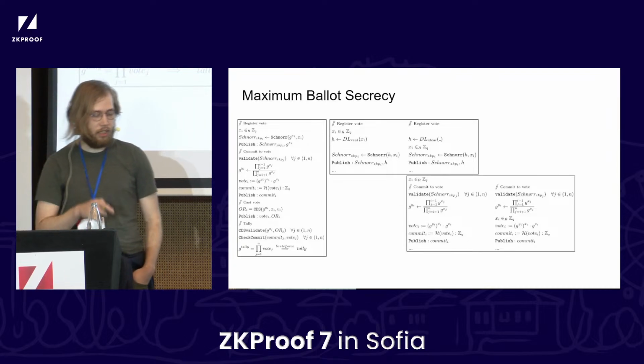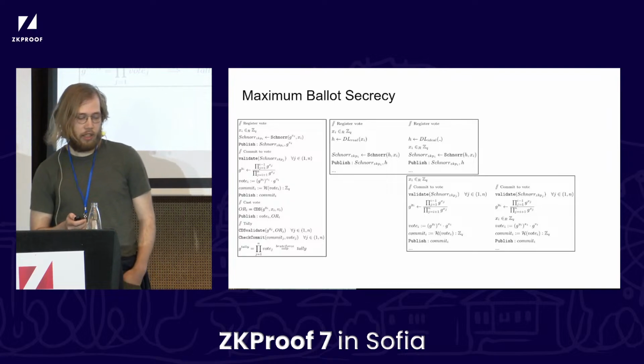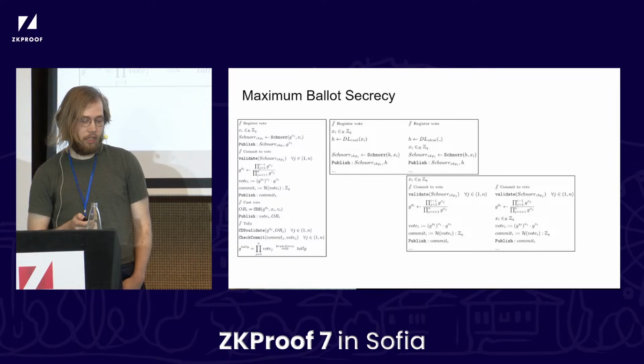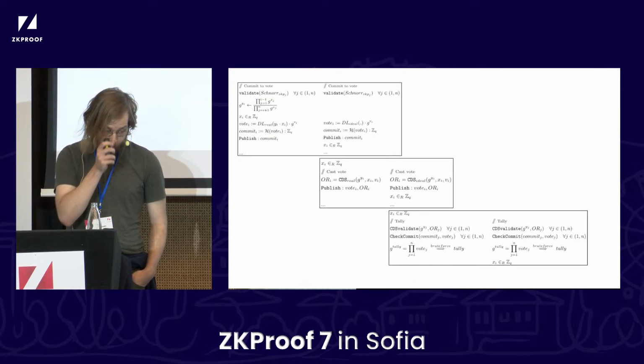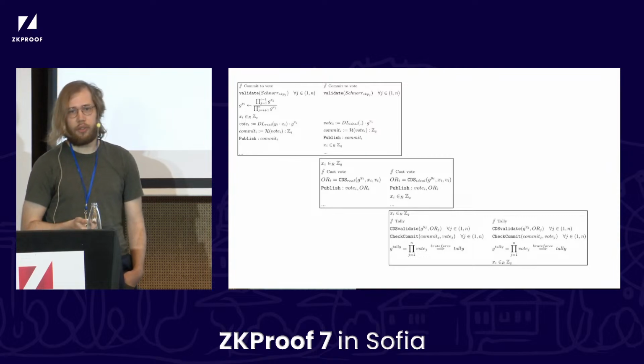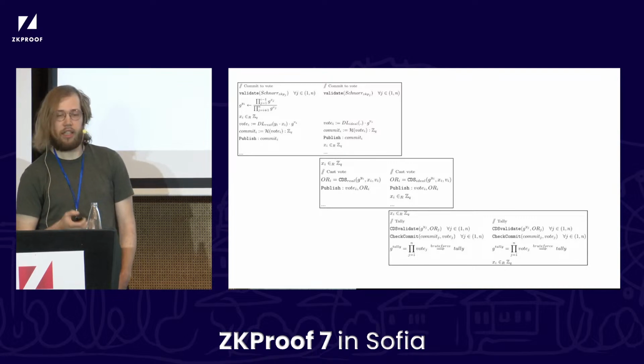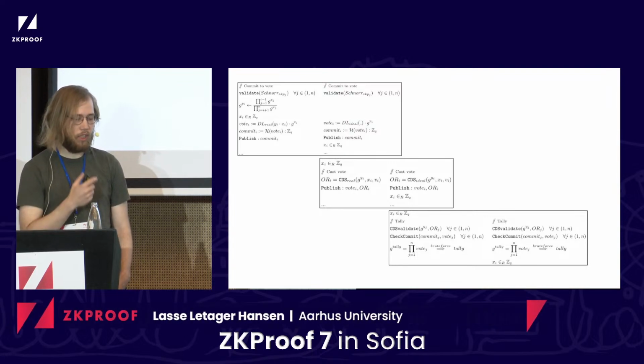Next up, the second part is idealizing the Schnorr protocol. The third jump is then we want to idealize again another use of the discrete log. Fourth step is idealizing the OR protocol, the CDS protocol.